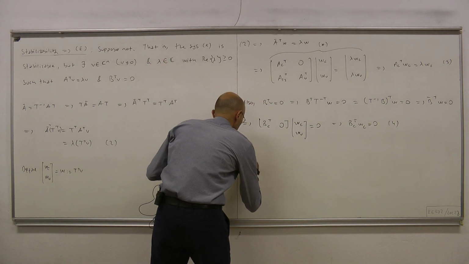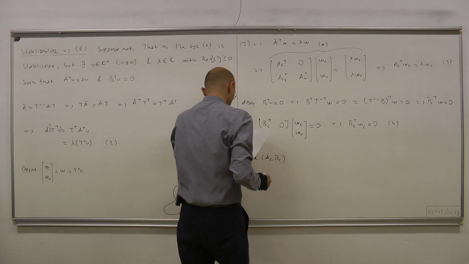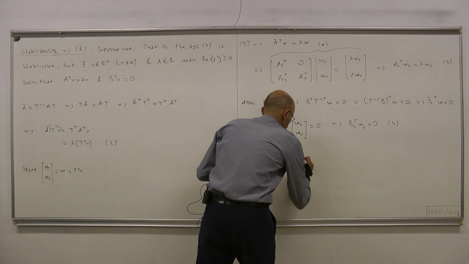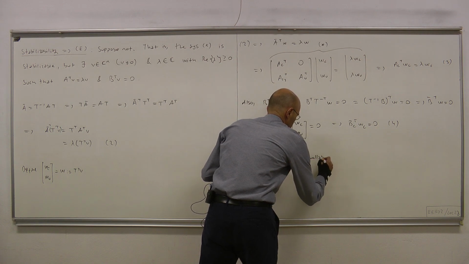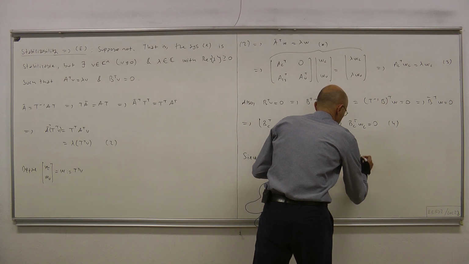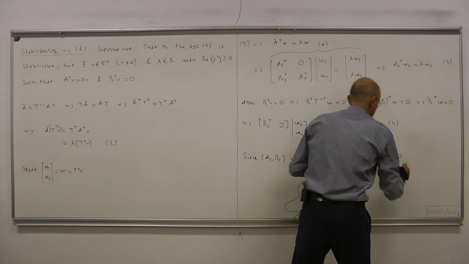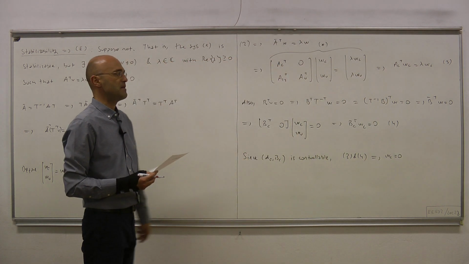So let's write that down. Since the pair AC, BC is controllable, equations 3 and 4 imply that the vector WC must be 0.